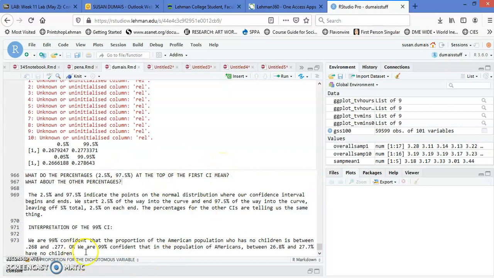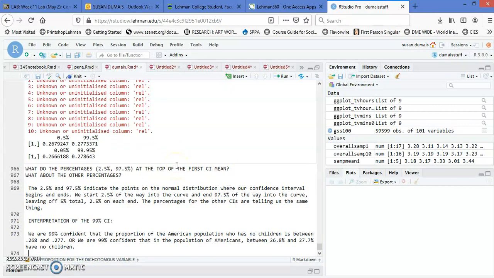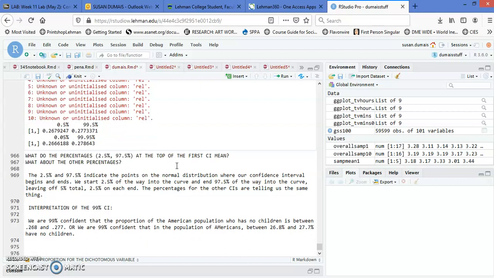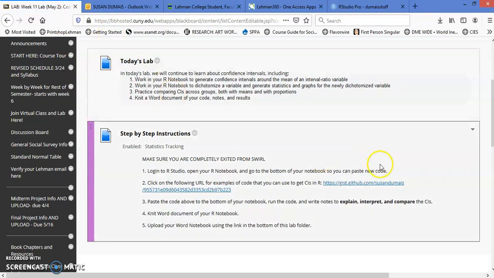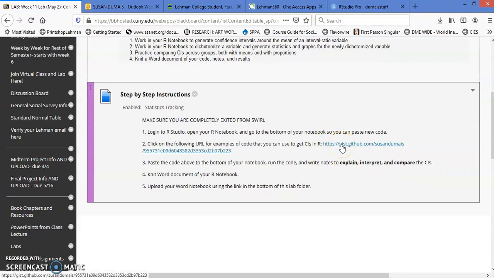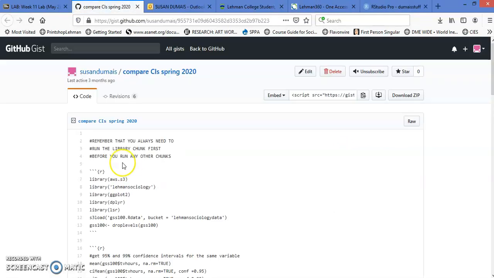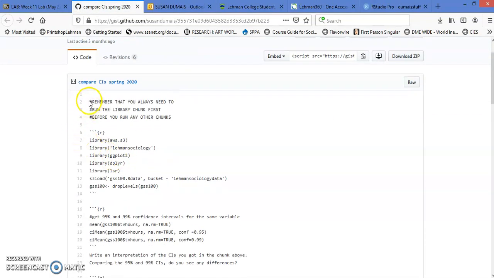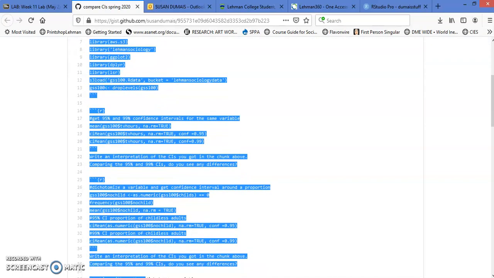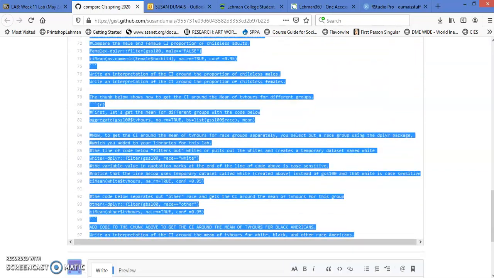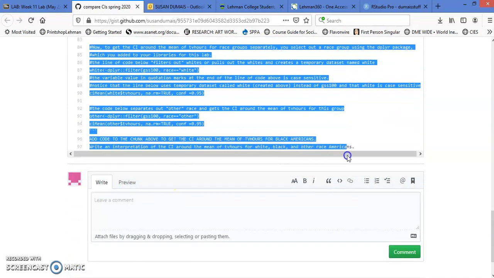I'm going to scroll down to a blank line or so on my notebook, and then I'm going to go back over to the lab, and we have code in step 3 of the step-by-step instructions, and we're going to do everything, in this case line 2 all the way down to line 97.